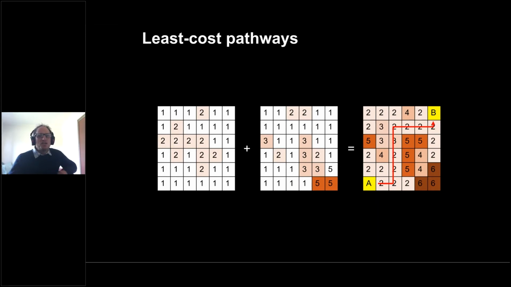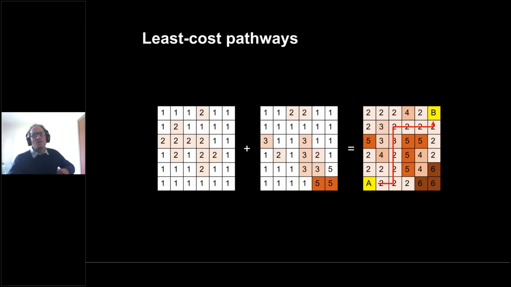So the general principle is that you can represent geological and ecological features on the landscape as cost surfaces, like these matrices illustrated here in this slide. And then you can calculate the least cost path through those surfaces and tot up the distance traveled along that path and the accumulated cost.